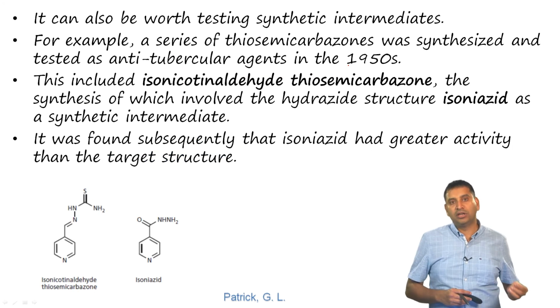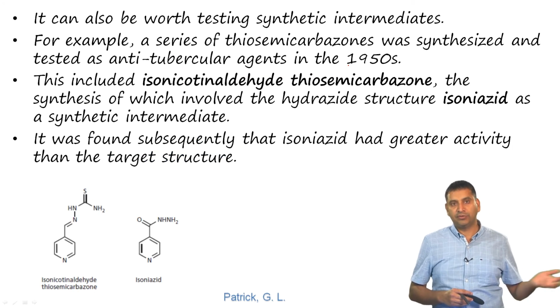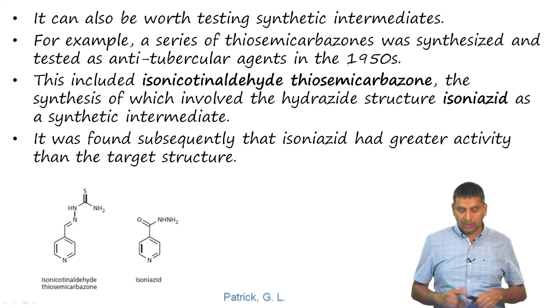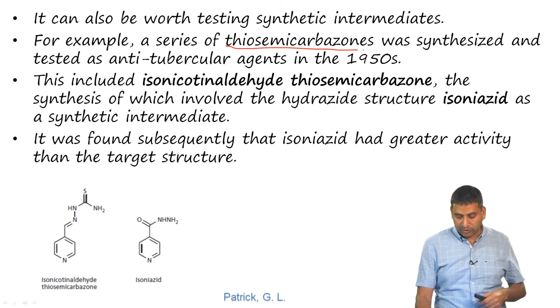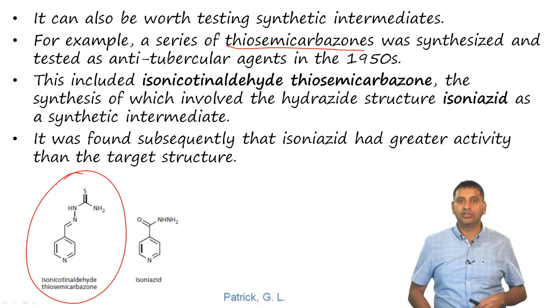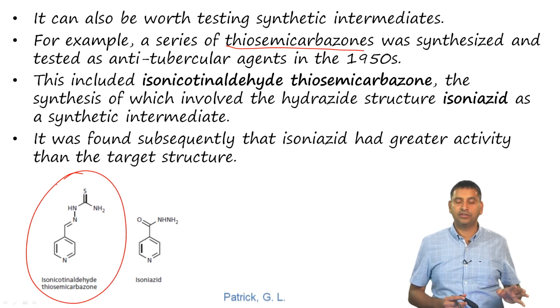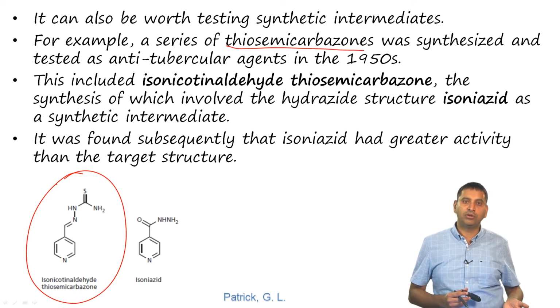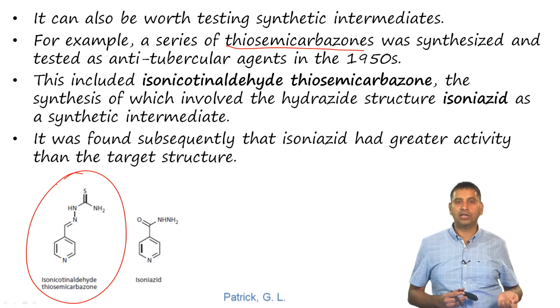It is also worth testing synthetic intermediates, as we discussed in the previous slide, because there are examples of compounds which have been discovered in this process. For example, a series of thiosemicarbazones, whose structure is shown here, were synthesized in the 1950s and screened as anti-tubercular compounds. This included the molecule isonicotinaldehyde thiosemicarbazone.